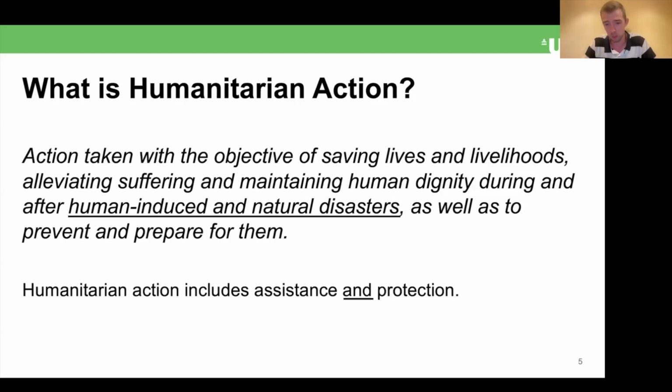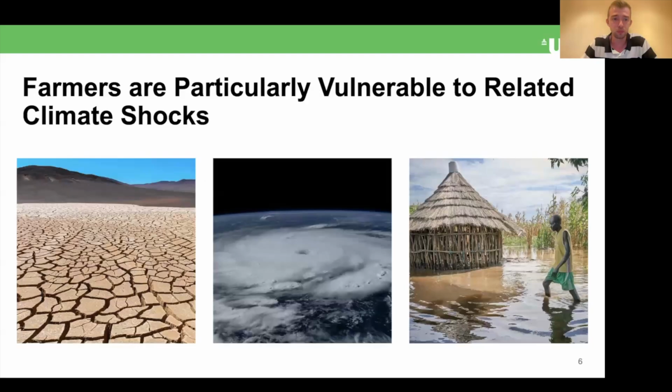Now, humanitarian action includes both assistance and protection. Assistance seems more straightforward. For protection, think about gender-based violence or protection of children's rights, important elements of humanitarian action as well. Now, to contextualize this a little more, think about farmers in low and middle income countries that are particularly vulnerable to climate shocks.